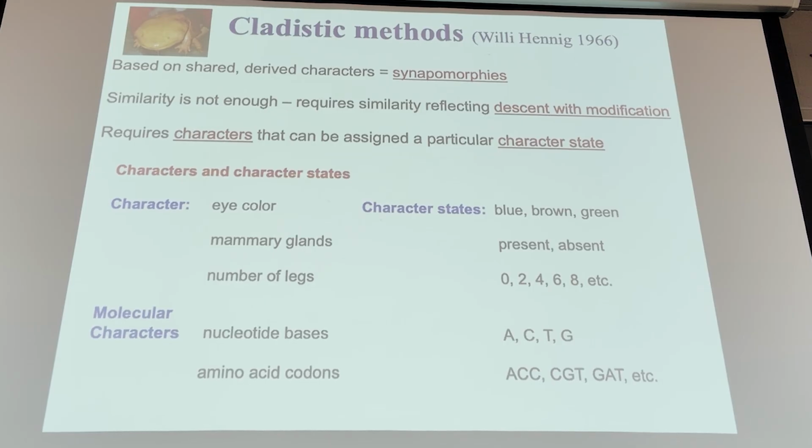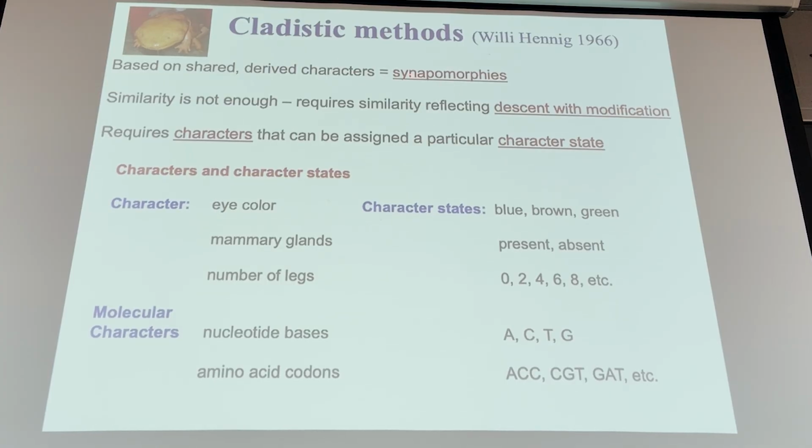So once you say, all right, I'm going to collect these characteristics, then we are going to compare them. And what we want is to be able to group organisms based on their derived characters. I'm going to define what a derived character is in a minute. Derived characters have a scientific name.